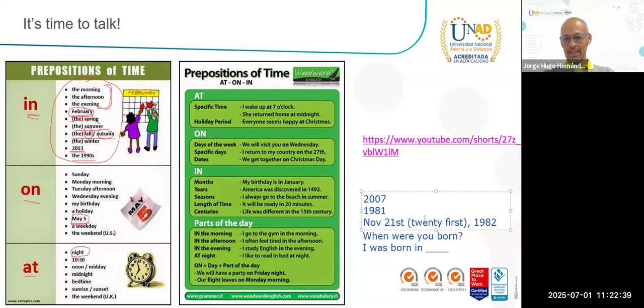That's why when we say specific dates, we use the th here, depending on the number. For example, 20, if it's 21st or 22nd or 23rd. It's different.